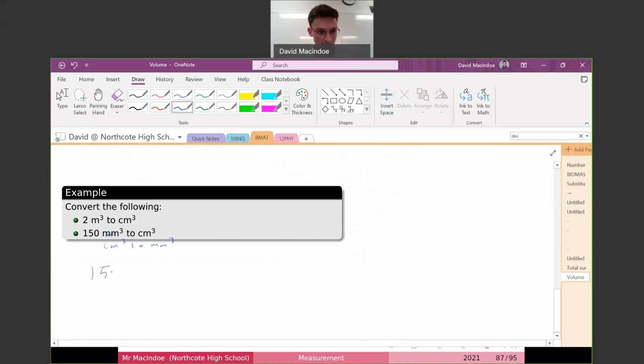So if I have 150 centimeters cubed, I know that it needs to get bigger to get to millimeters, because millimeters are quite small. So if I've got centimeters, I'm going to have lots of millimeters. So I times by, well, normally I times by 10, and I'm timesing by 10 cubed. So normally when I times by 10, I would just put another 0 on the end. But now, because I'm doing it cubed, I'm doing it 3 times. So it's that many millimeters cubed.